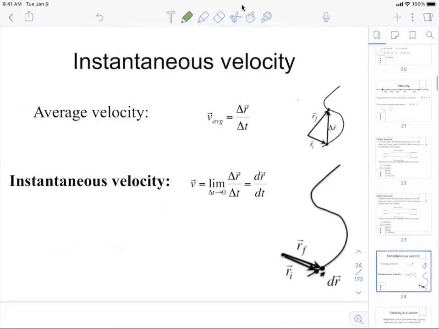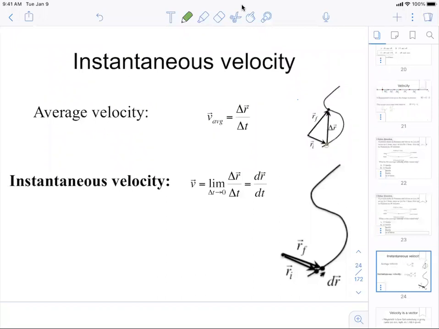Some of you have asked about the difference between instantaneous velocity versus average velocity. Average velocity is really just describing something on average. It's not very accurate, right? It doesn't give you what is going on at an instant, at a moment, how fast you're going and in what direction. Imagine you're going along a zigzag curved path.